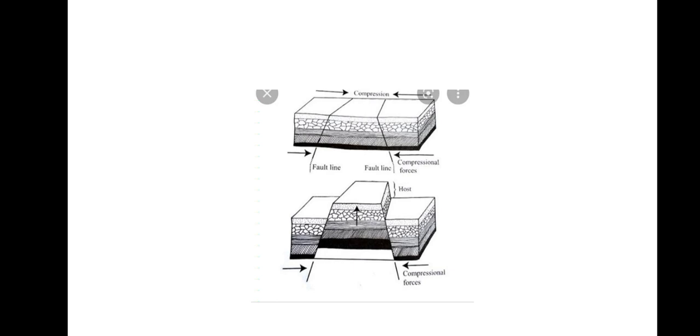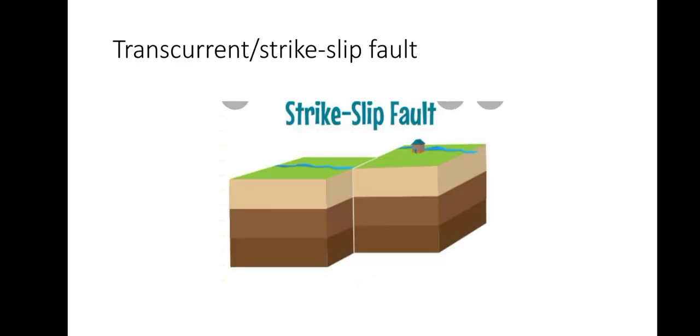There is an arrow showing that it has gone upwards, and in the second diagram there is an arrow showing that it has forced the middle part upwards, and the sides are known as the host. So the block mountain is known as the horst, and it is formed due to compressional forces that cause it to move upwards. That is the main concept we have to understand here.